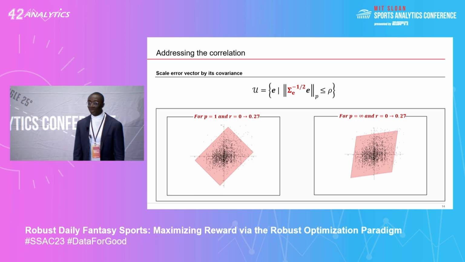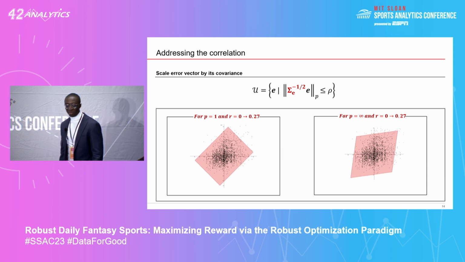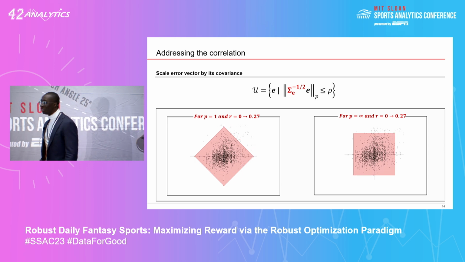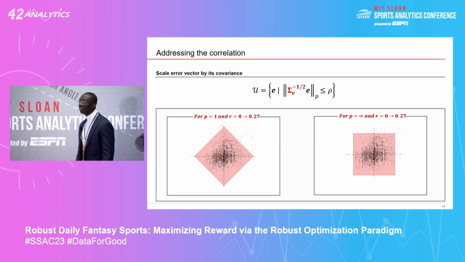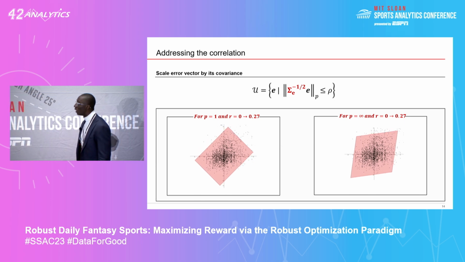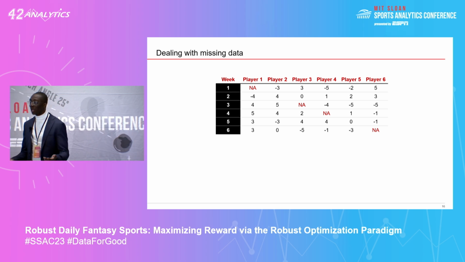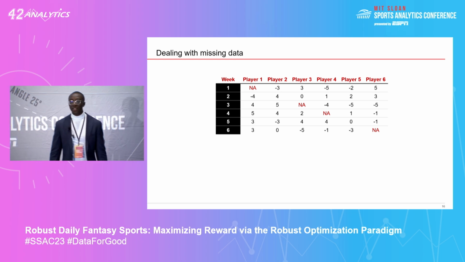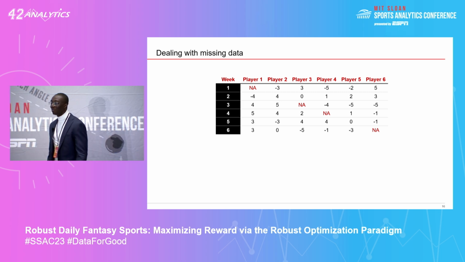But now we need to put together that covariance matrix, which feels like it should be a pretty easy task, but it's not as straightforward as it seems because packages like, we'll say, NumPy don't deal with missing data very well. And so what happens is you might have this data frame of errors, and not all players play in every game. And so for weeks where players aren't playing, you just have to remove the week. But that's going to happen in many, many weeks.